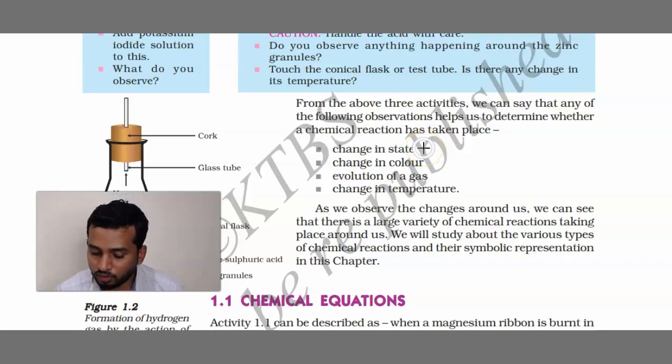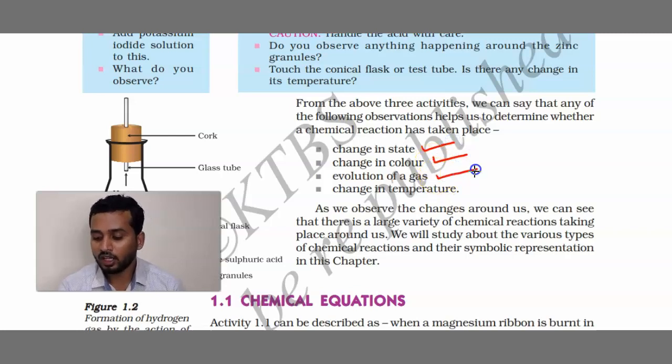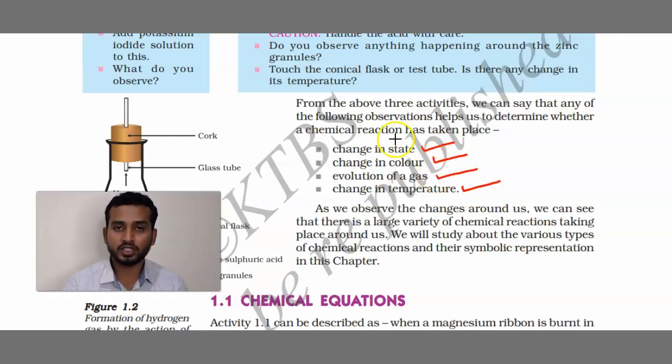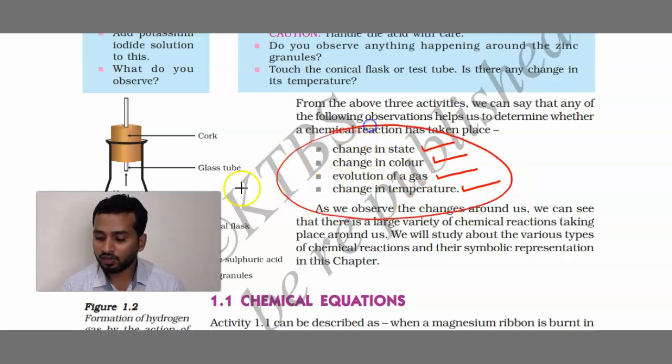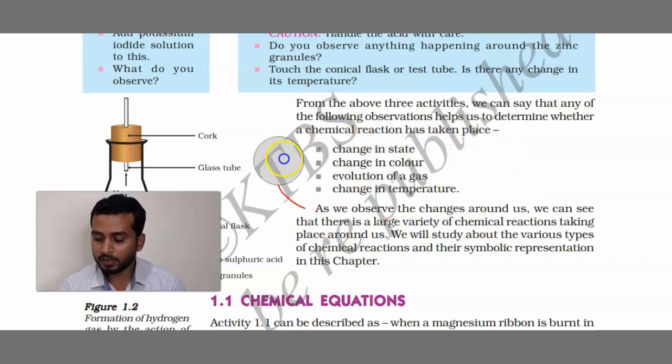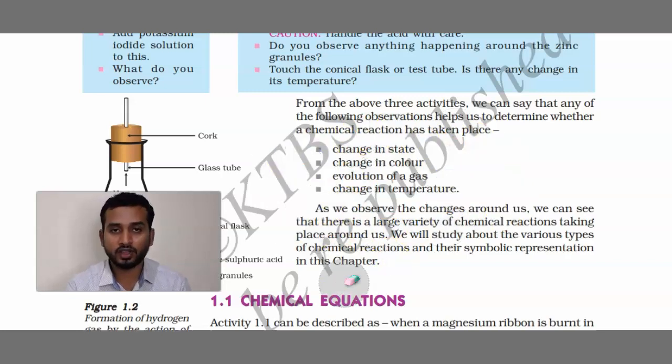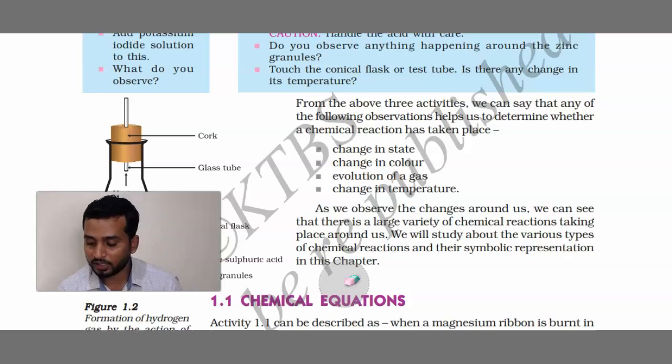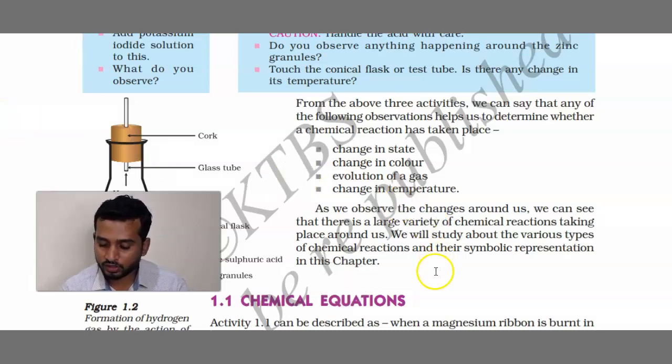Either there should be a change in state, or change in color, or evolution of gas, or change in temperature. These conditions are very important. If any one of these conditions is satisfied, then a chemical reaction has taken place. Got it? But I am not going to explain in depth because we don't have sufficient time to elaborate on each and everything. So you just need to remember this.